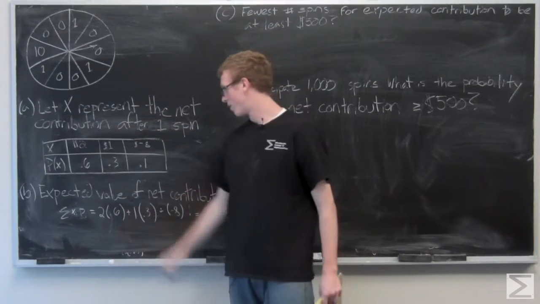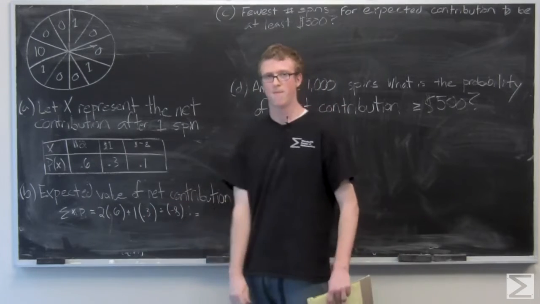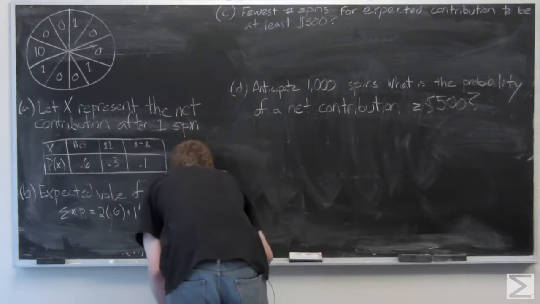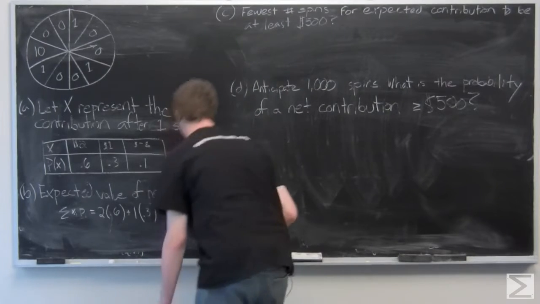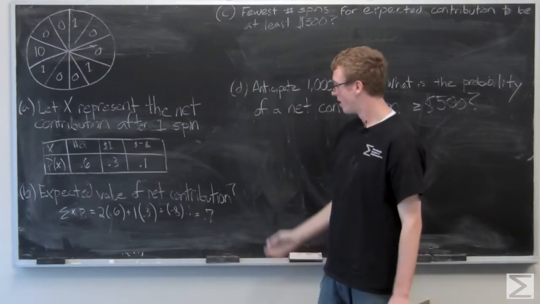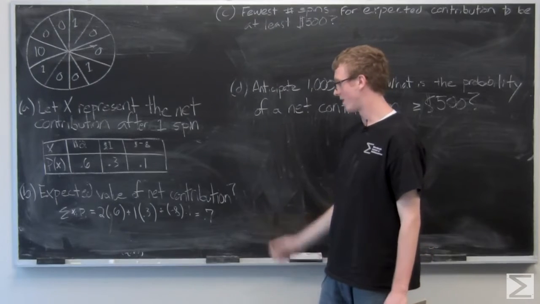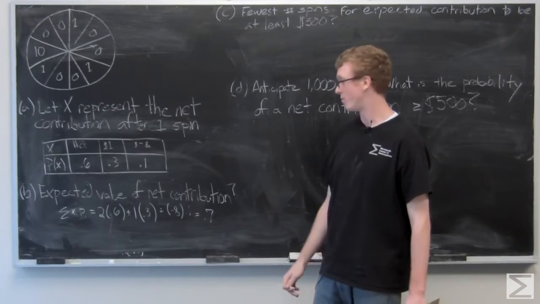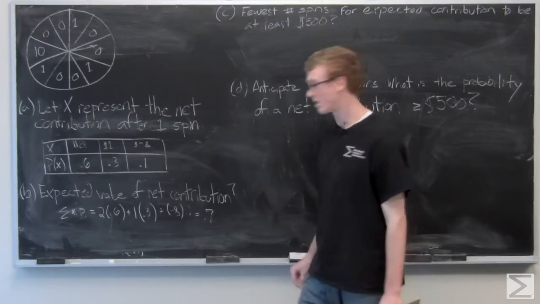So it's going to be 1.2 plus 0.3 minus 0.8, and that's going to be 0.7. This is a positive value. It's in dollars, so it's 70 cents, and we're going to say that the expected value of the net contribution is going to be 70 cents.